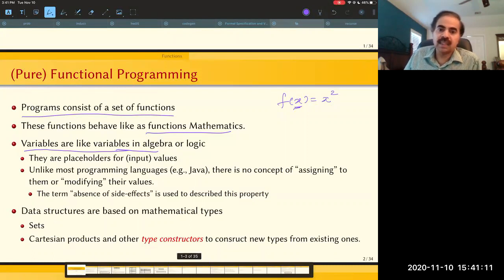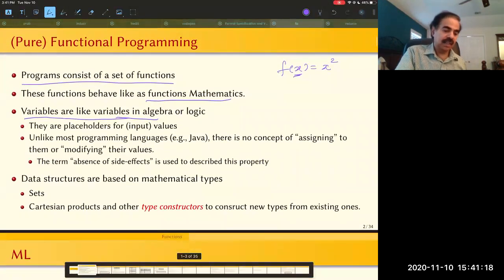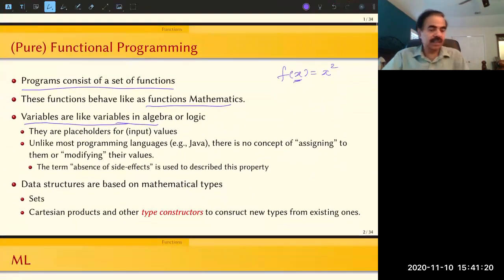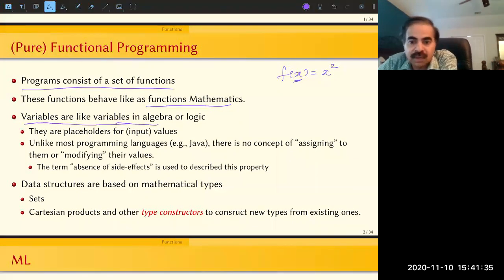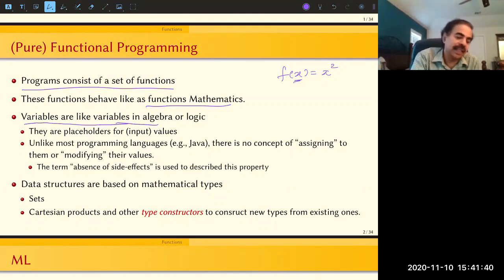They represent places where some values are going to be substituted. This notion is most clear when we talked about quantification and predicate logic, right? We have variables as placeholders, and then we talk about for all possible values of this placeholder, and there exists a possible value for this placeholder, and so on. And it is that notion of variable that we will be dealing with in a functional language.